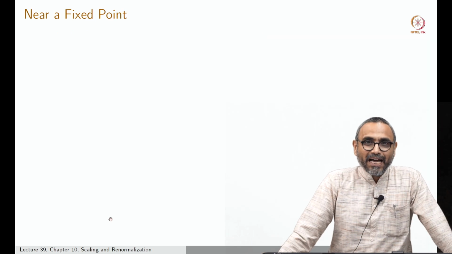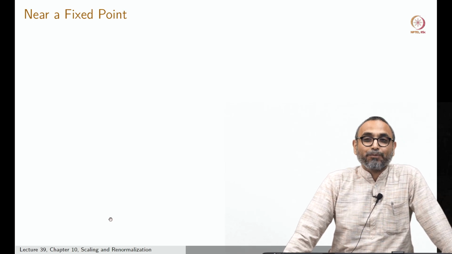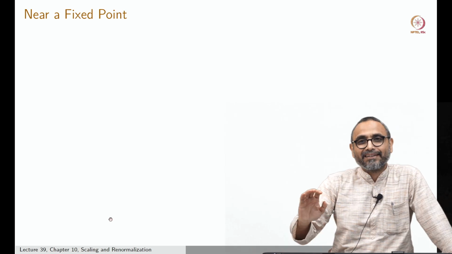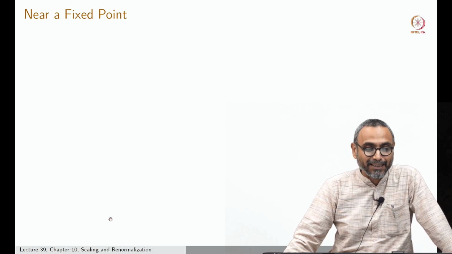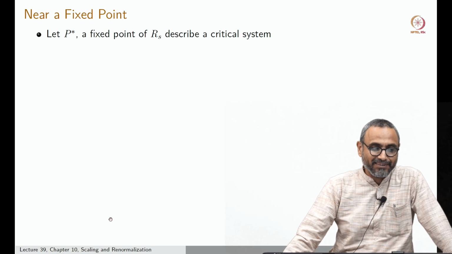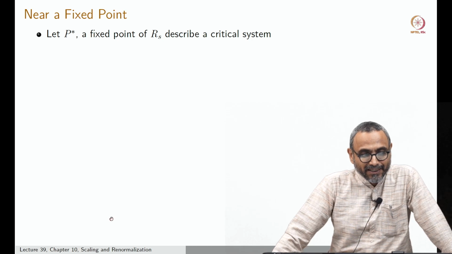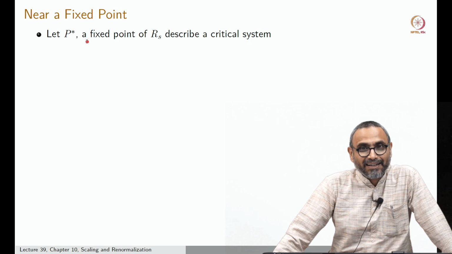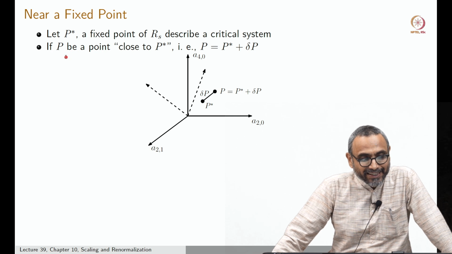Okay, now let us say that there is a fixed point, and let's explore what is the story near a critical point or a fixed point. So if P star is a critical point and R_S leaves P star invariant, we can try to look at a point P. So this is P star.